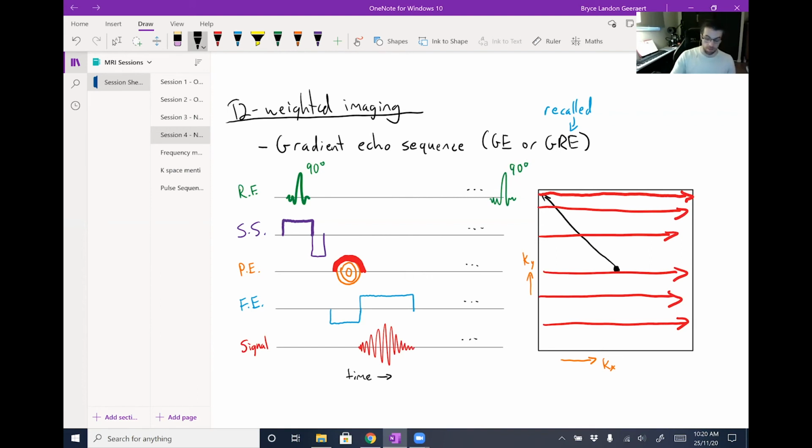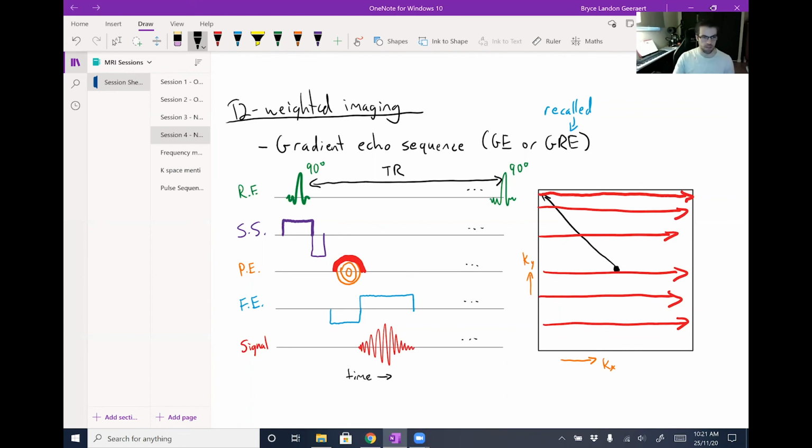So the TR, the repetition time of our image, is the time between the start of one step of the pulse sequence and the beginning of the next echo acquisition step, if that makes sense. So we're going to be repeating this sequence 256 times. Every time there is the beginning of this gradient execution maneuver, the duration between those times is the TR.